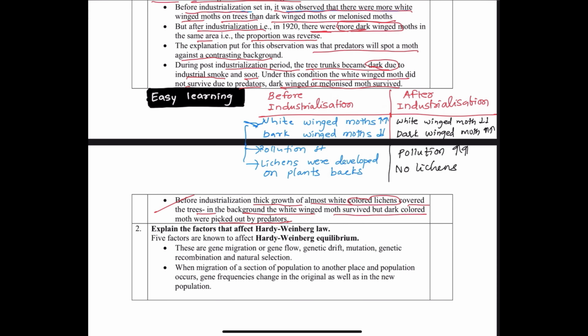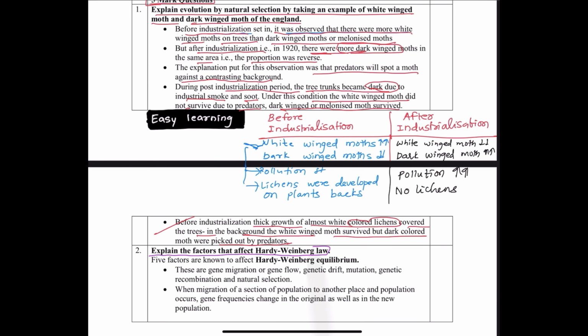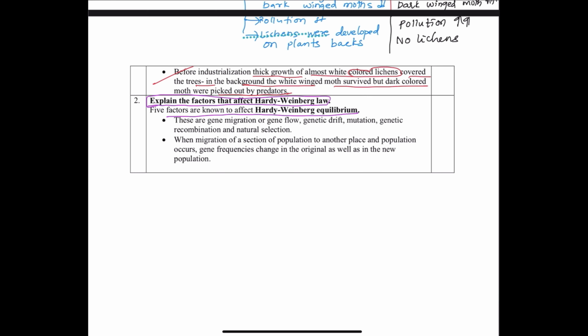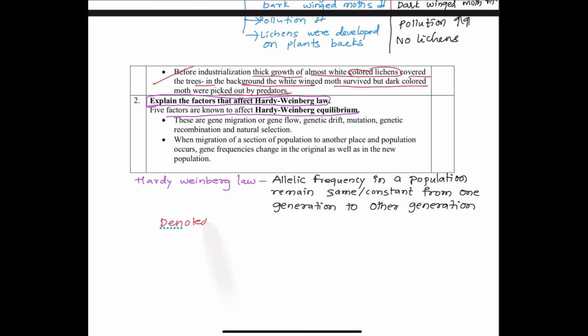Then one last question in 5 marks questions. Explain the factors that affect Hardy-Weinberg law. Before knowing the factors, the definition of this Hardy-Weinberg law: allelic frequency in a population remains the same or constant from one generation to the other generation.